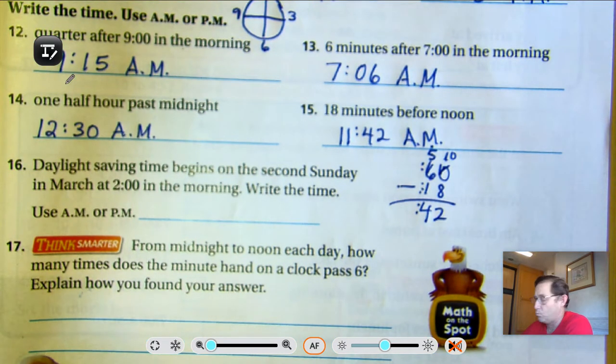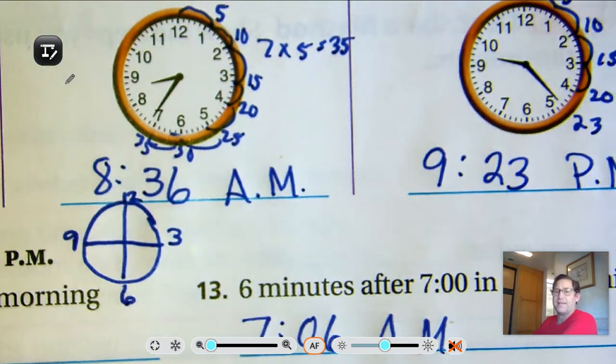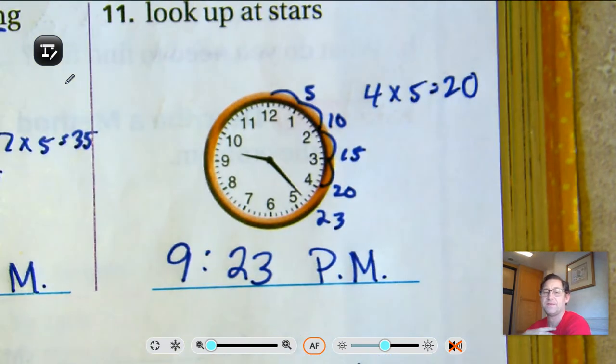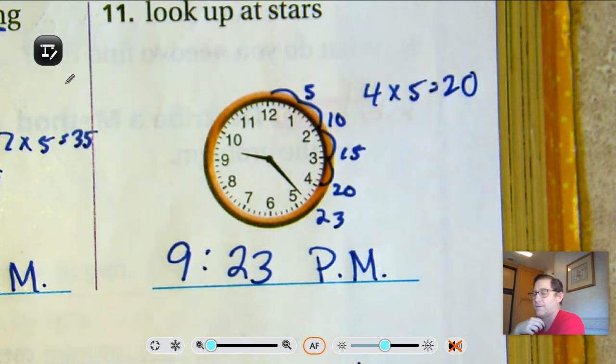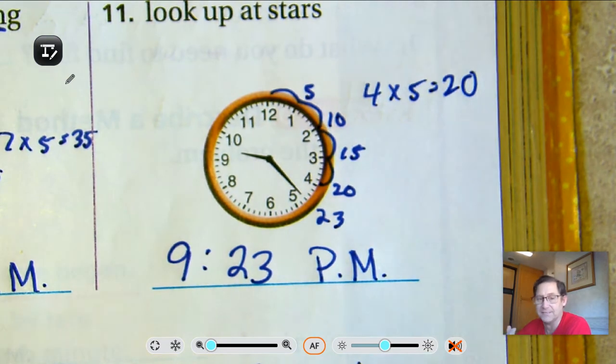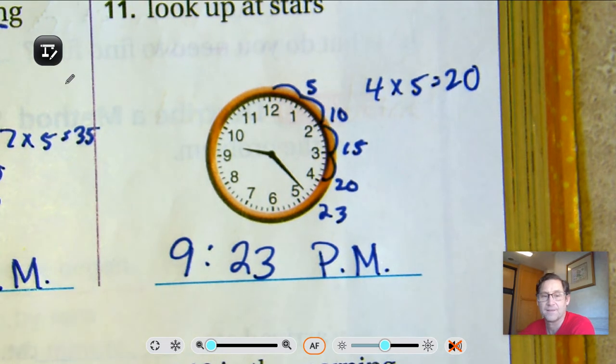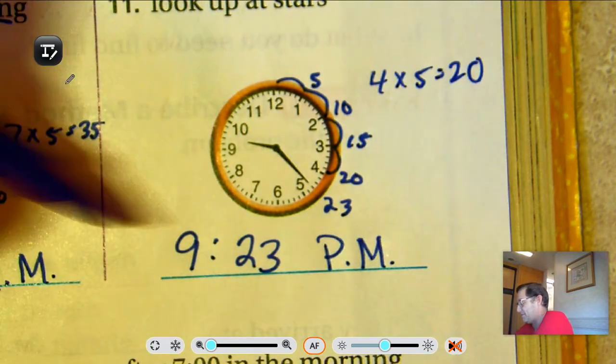Okay, if I wasn't confident about that, I could go to one of the clocks, and I need to find 18 minutes before noon. Before noon means it's going to be 11 o'clock. The hour should make sense. It can't be 18 minutes before, say, 1 o'clock. 1 o'clock's not midnight, not noon. So we're looking for 18 minutes before noon.